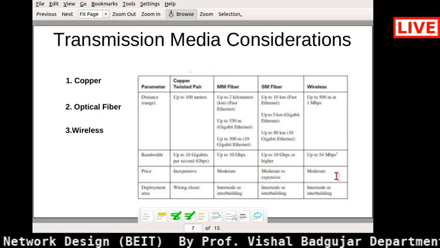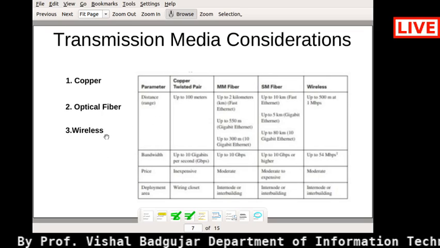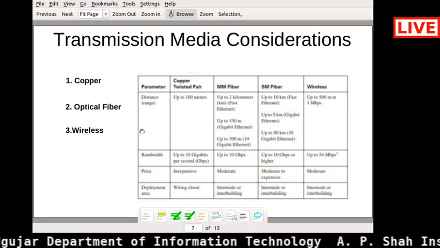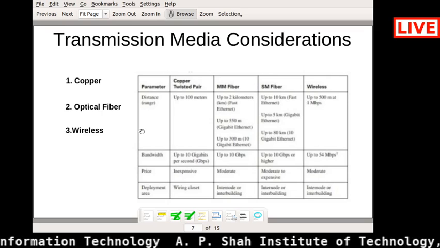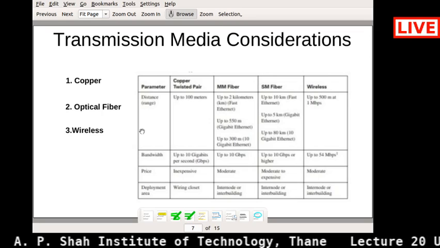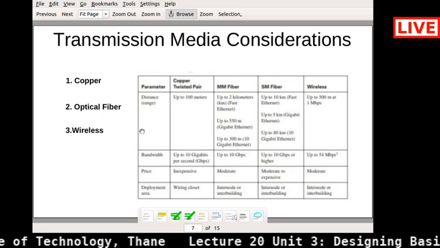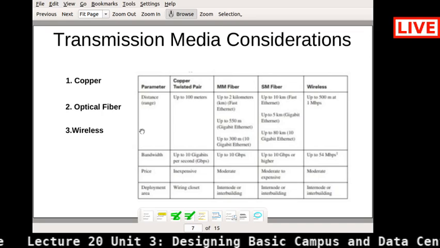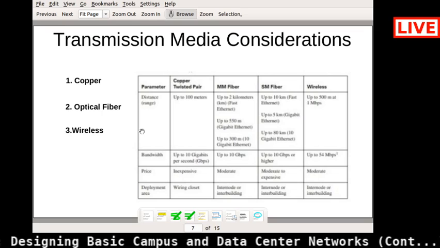For example, the first parameter is the distance, or range, in between the networking devices, for example workstations, servers, different printers, or IP phones. The distance between these networking nodes, how much is it?